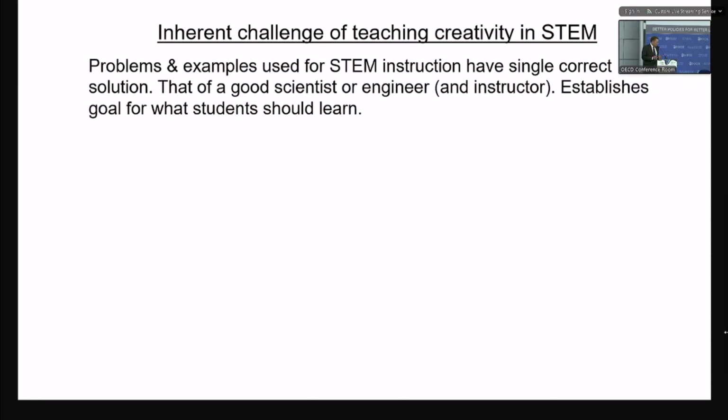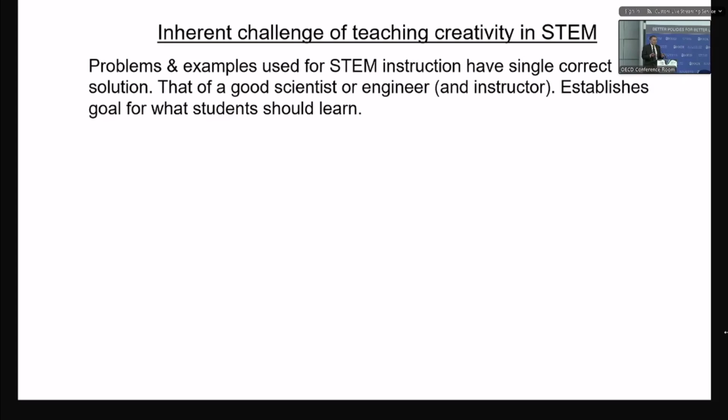It's an inherent challenge in the teaching of creativity in STEM. And the reason I say it's a fundamental challenge is that in the teaching of STEM, it's almost always the case that you give the students practice problems and examples where there is a single correct answer.